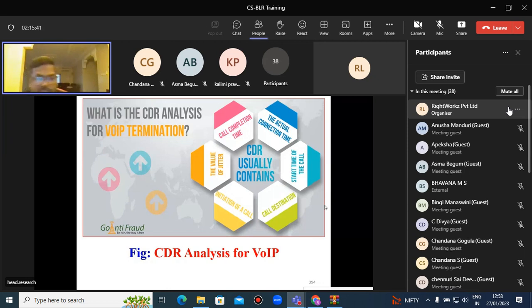CDR usually contains call completion time, the actual connection time, start time or local time of the call, destination, initiation of a call, the value of jitter.